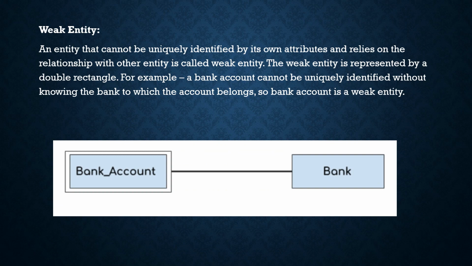A bank may include the IFSC code and branch number and some other code, and based on this we can have the bank account. Whether the bank account belongs to savings or current account, all those things depend on the bank. That's why bank account is a weak entity, and that's why it is represented by using a double rectangle. So it is called a weak entity.